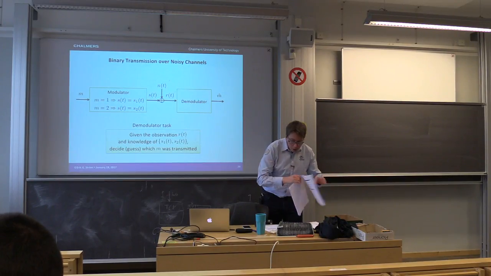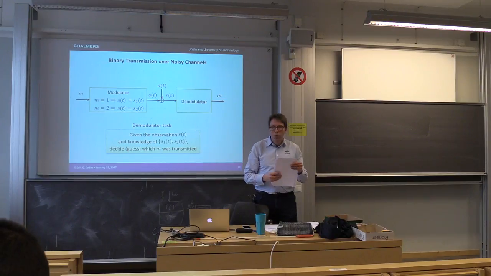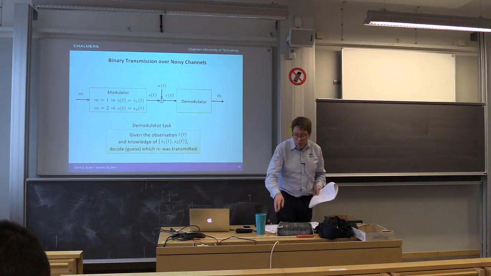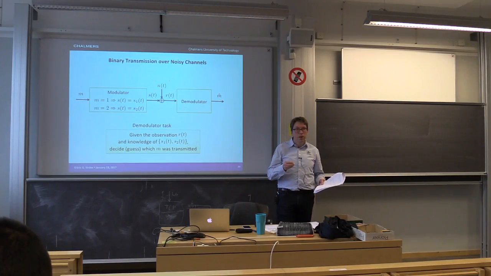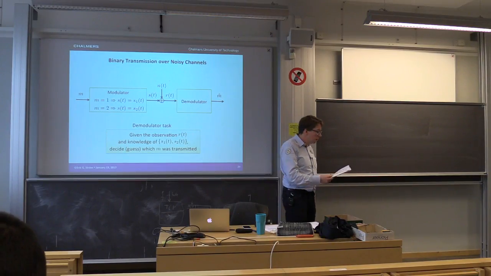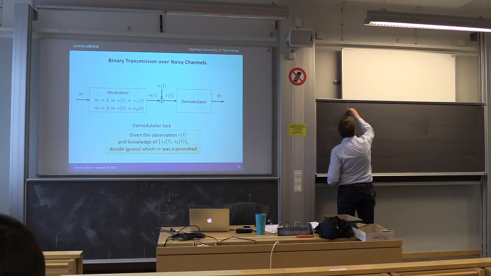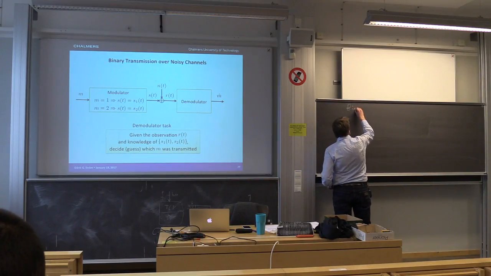Okay. So now we will start to use the whiteboard more and more, because now we're starting to talk about math and signals and so forth, and it's more easily done on the board here. So we're dealing here with binary transmission.